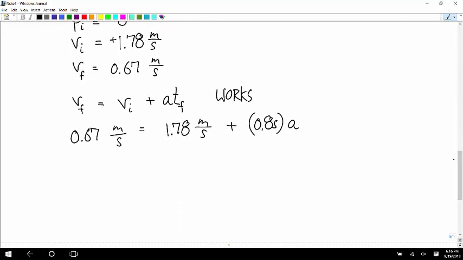Okay, so 0.67 minus 1.78 is, no, negative 1.11, and that's meters per second. And that's equal to 0.8 seconds times the acceleration that we're trying to find.